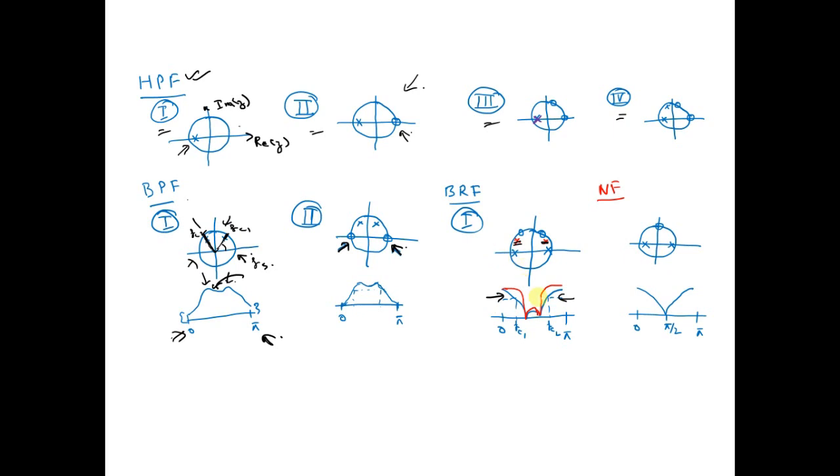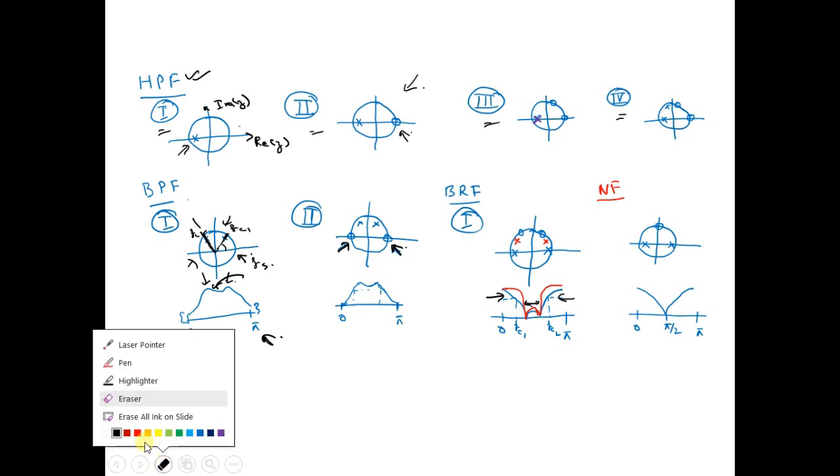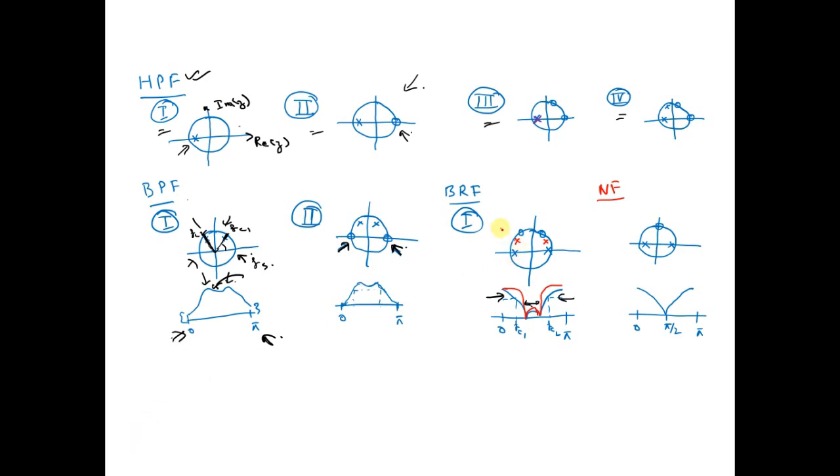So this is band reject, this is the stop band. Now if you introduce these 2 poles, these red poles, then what will happen? Since they are nearer to the zeros, the roll-off would be quite steep.